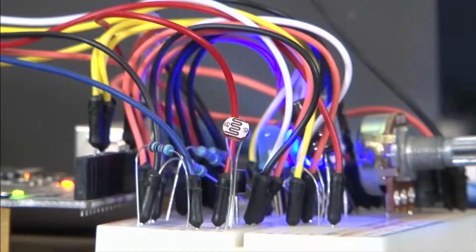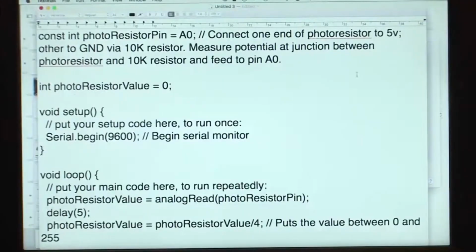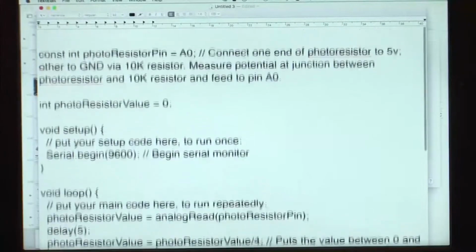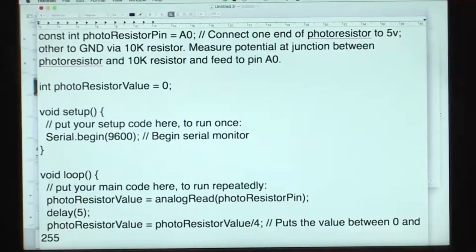Now, coming to the screen. This is again an Arduino code. It says const int photoresistorPin equals A0. A0 is the pin to which we have connected one end of the photoresistor to 5 volts and the other to ground with a 10 kilo ohm resistor, and we are measuring the potential at the junction between the photoresistor and the 10K resistor and giving the feed to A0.